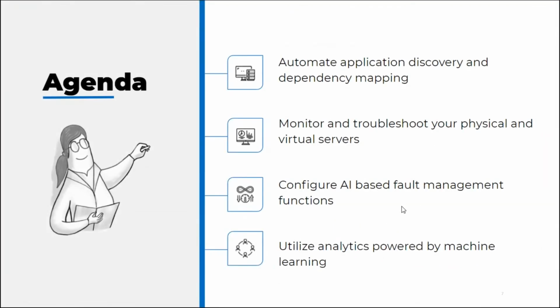The first item in the agenda is automate application discovery and dependency mapping, which is basically the first logical step that any user is likely to take with their infrastructure monitoring tool, and that is to run a discovery of various servers and virtual machines and applications within the IT ecosystem, discover them and add them within the console to monitor their performance.